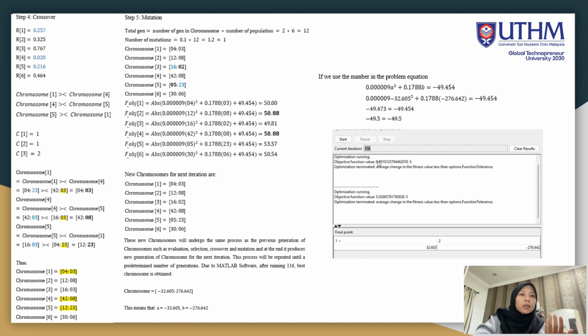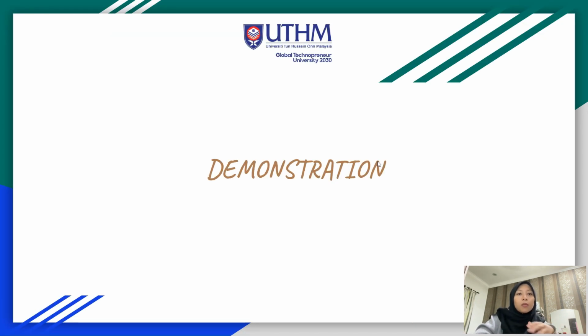We also get negative 49.454, because when we round off negative 49.454, we also get negative 49.5. So here we can see that the value we obtained is true. Next we will do the demonstration, so I will go back to MATLAB.